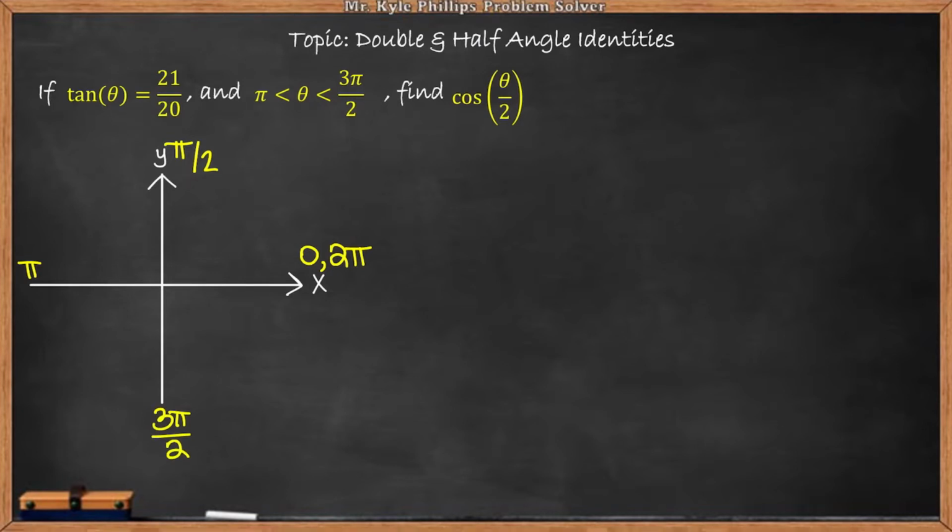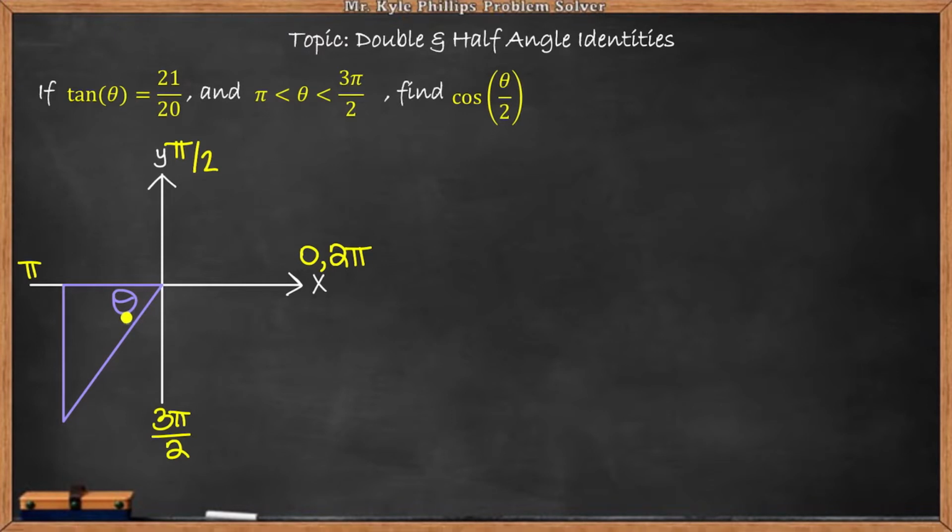So we're in quadrant 3. If I drew a triangle in quadrant 3, it would look something like this. There's my reference angle in my triangle.